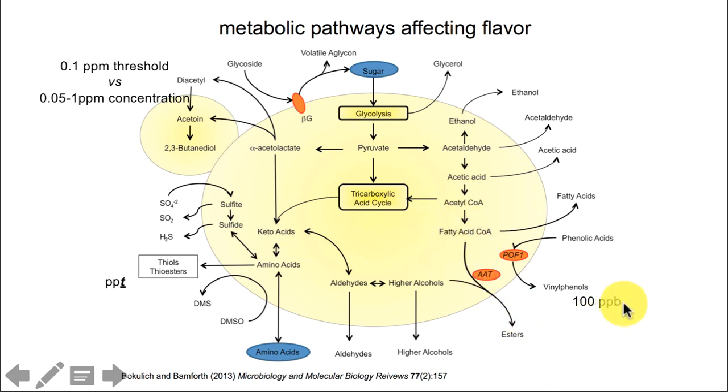Acetyl-CoA also leads to the keto acid pool. We'll see in a moment how amino acids and acetyl-CoA can drive formation of fusel alcohols and thus esters. Phenols are also shown here, and it's clear that they're derived primarily from the medium, as I mentioned, from the lignin present in brewing grains, a major phenol contributor.